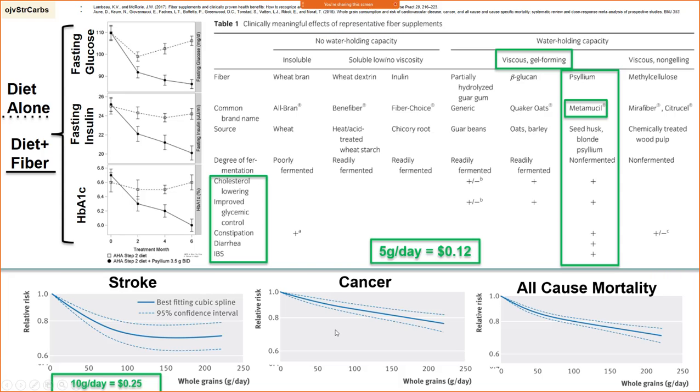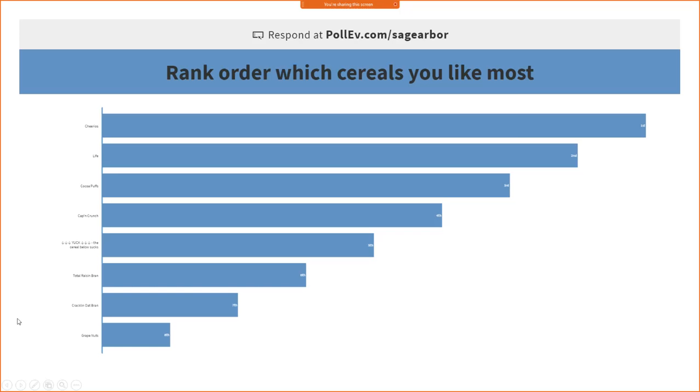I don't remember if this was meta-analysis or not, but my guess would be that this is multiple studies from correlation. But there are causation studies where you dose with fiber and it changes your gut biome. Long story short, I don't know about that for this graph. Okay.